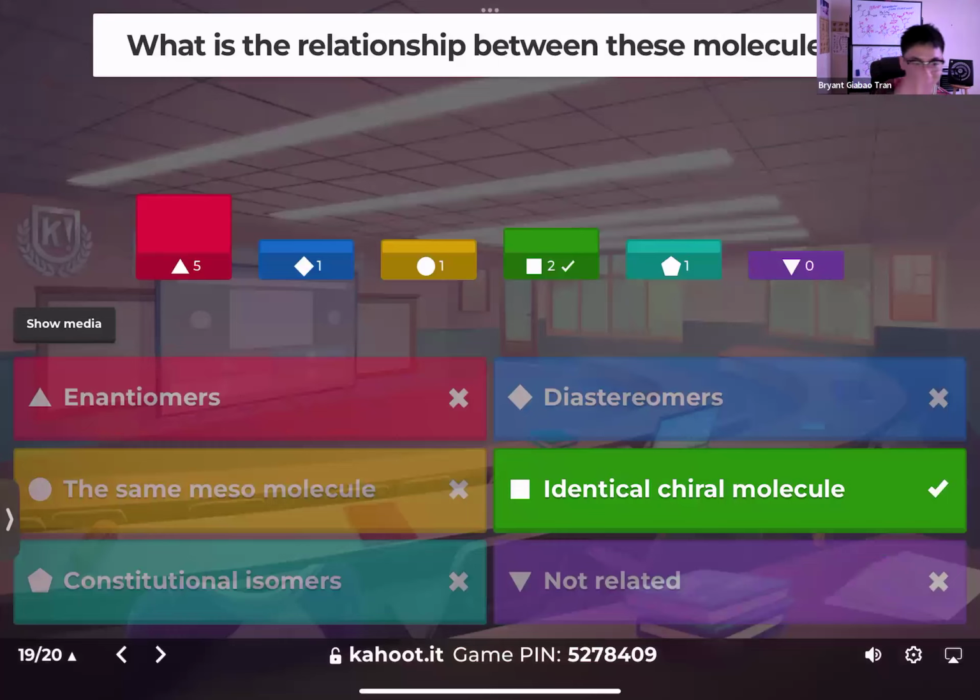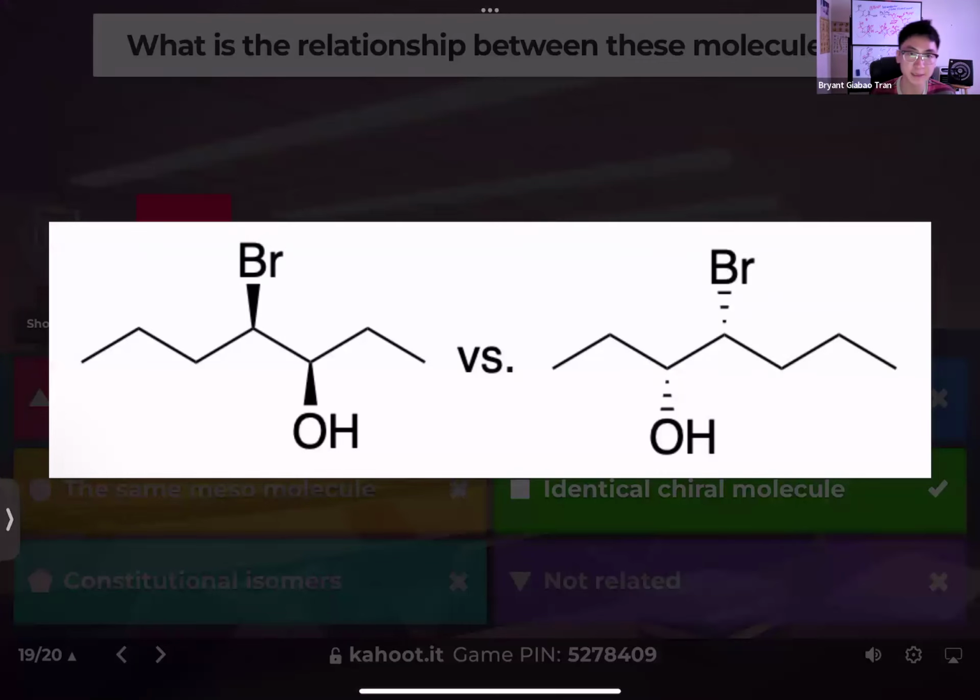Ooh. Mixed answers. Okay, so these are identical chiral, and there are 2 ways to go about this question. One is the 100% for sure way to do it, to know that you get the right answer, and the other way is a riskier way, but it saves time, and there's a chance of getting it wrong, right?